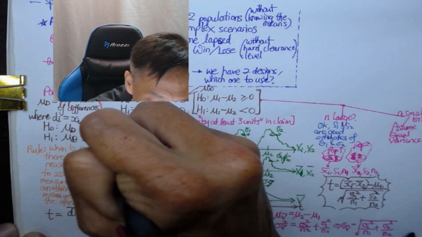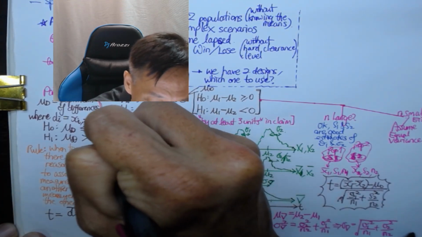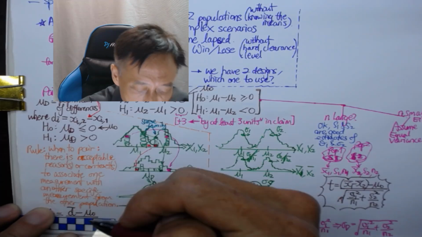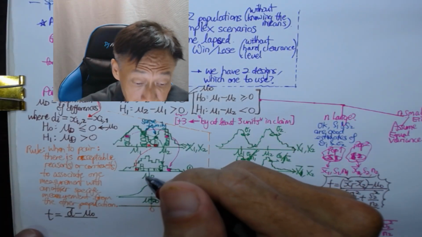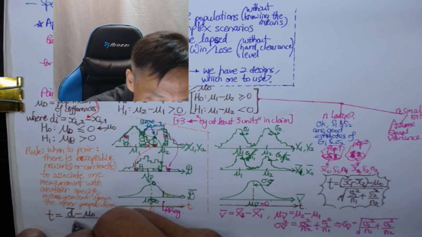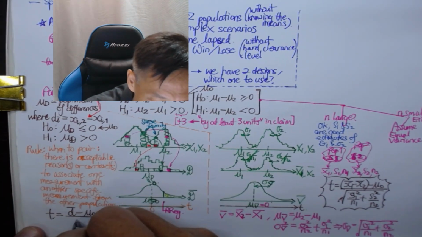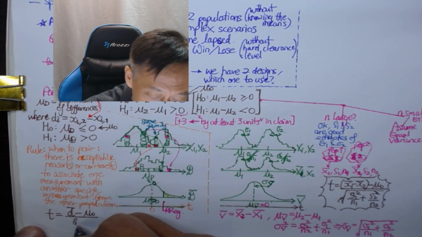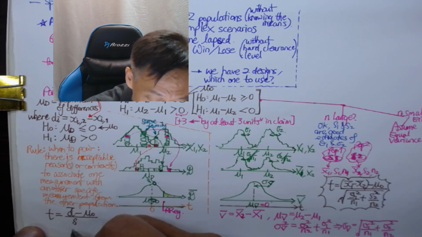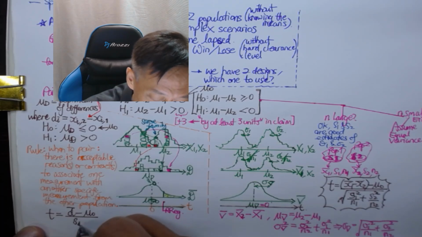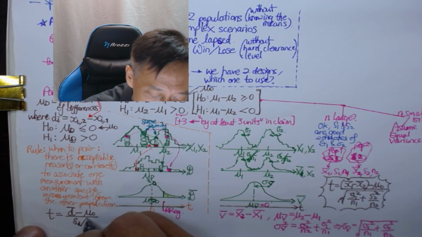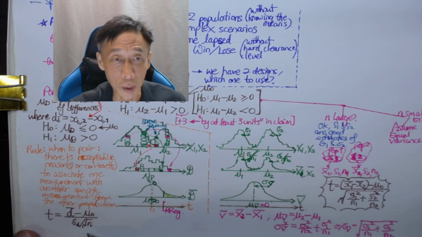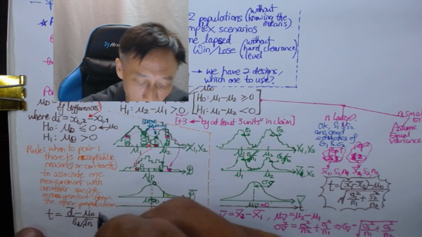So this guy here is the mu naught, over S of D, the sample standard deviation of the Di, over square root of n. Now n is clear because it will be paired, so n1 is equal to n2.